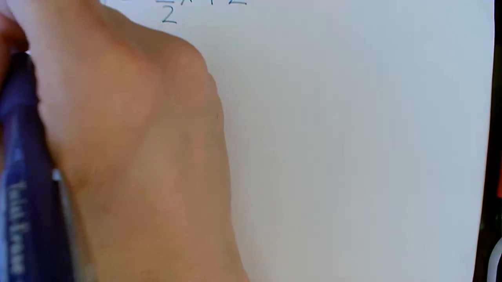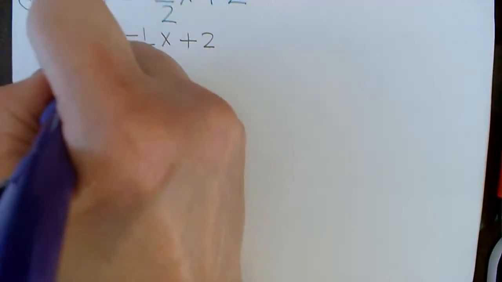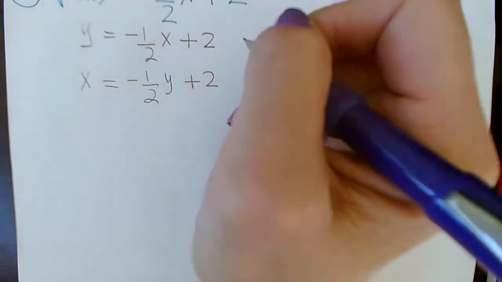So what do I do first? I change the f of x for y. Now I interchange the x and the y. Now I'm going to solve it for y.